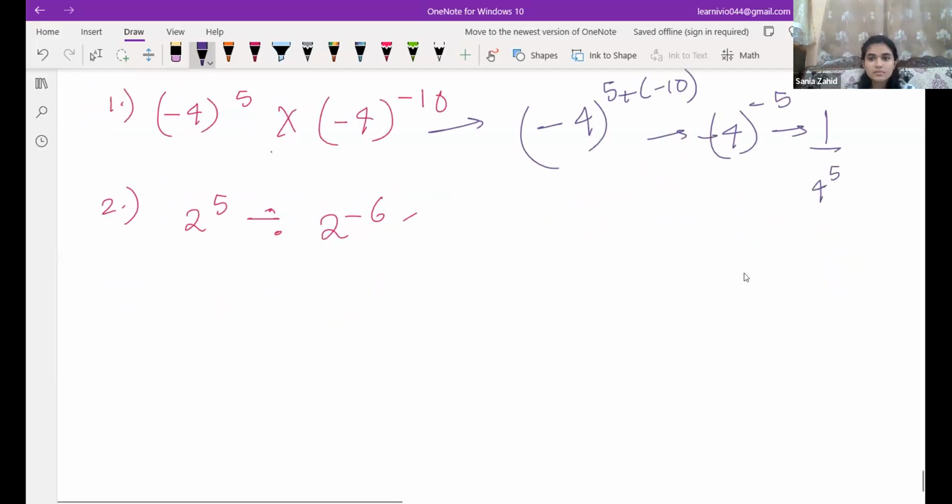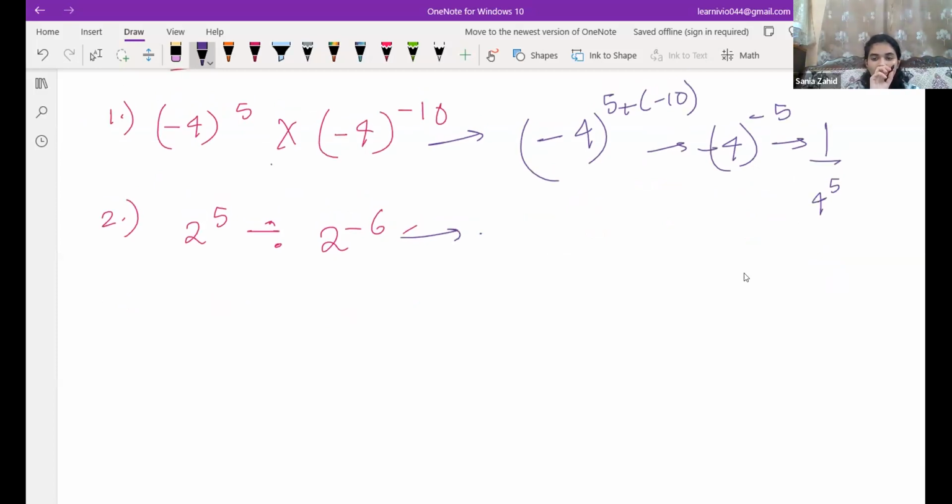Next one, will tell me. Ma'am, can I say? Yes, Arvind. Ma'am, the bases are same, and it's division, so we have to not multiply, we have to subtract the powers.